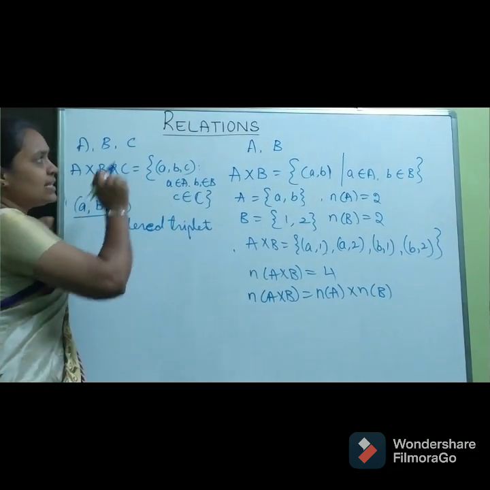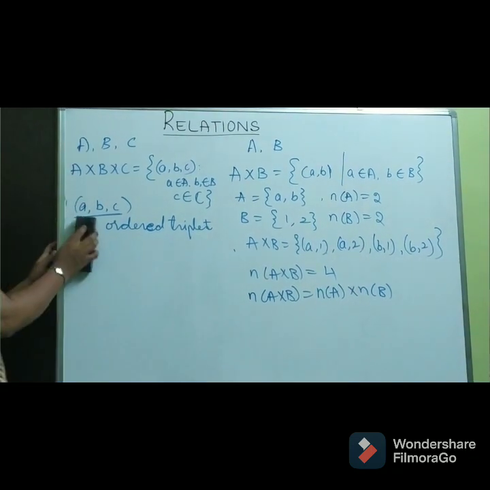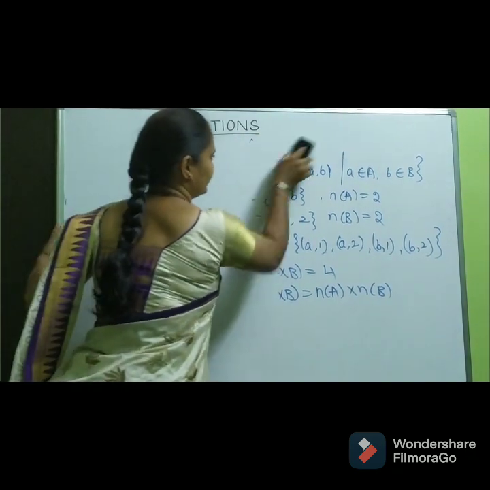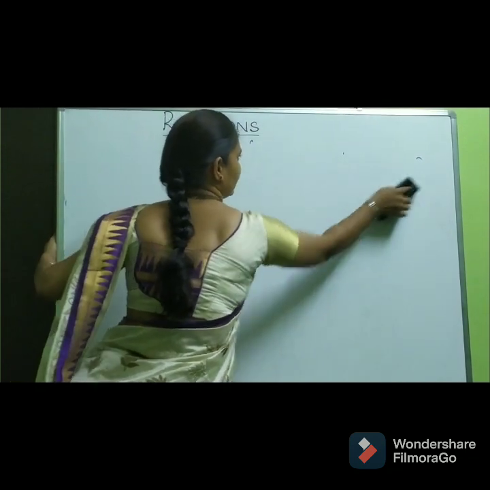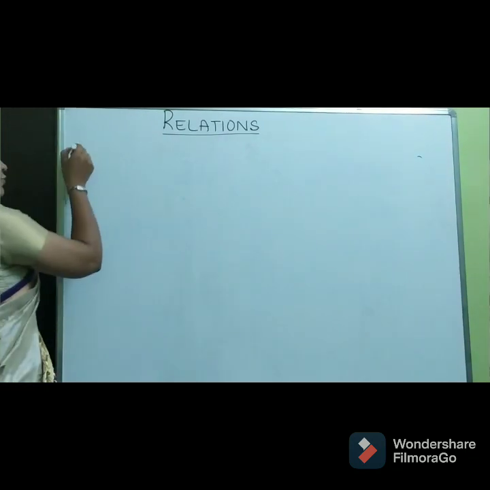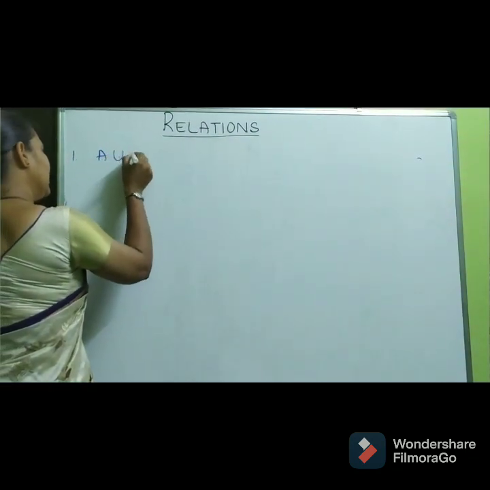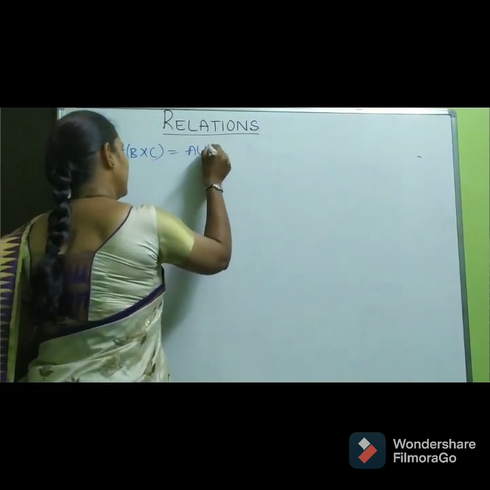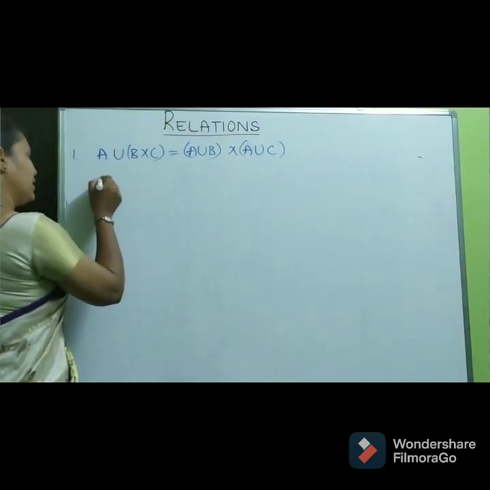Let us go through some of the results on Cartesian product. Some useful results. First one is A cross (B union C) is equal to (A cross B) union (A cross C).